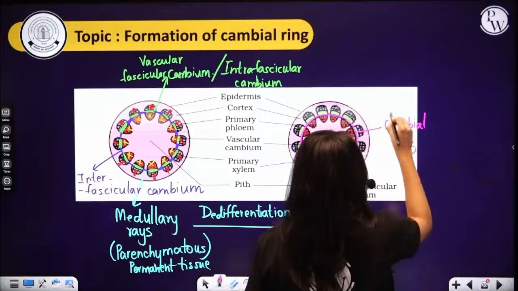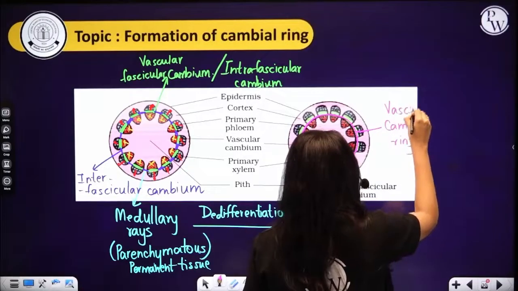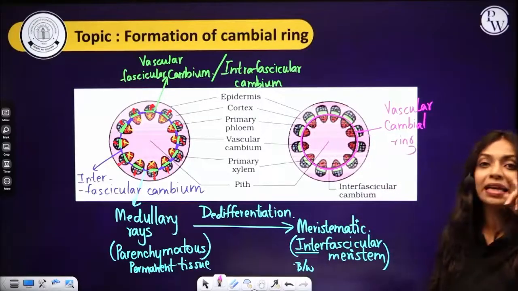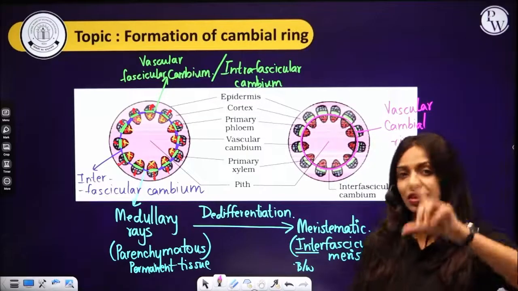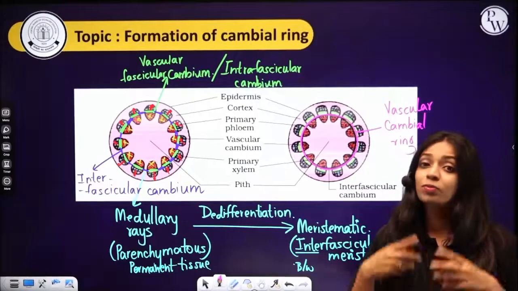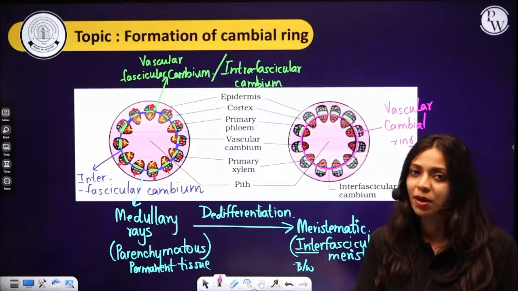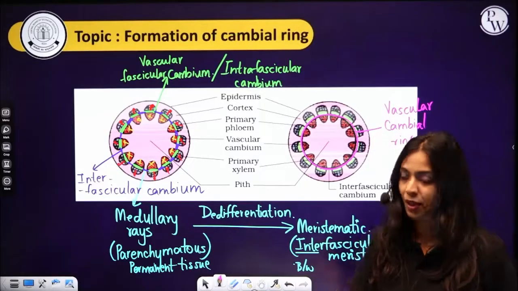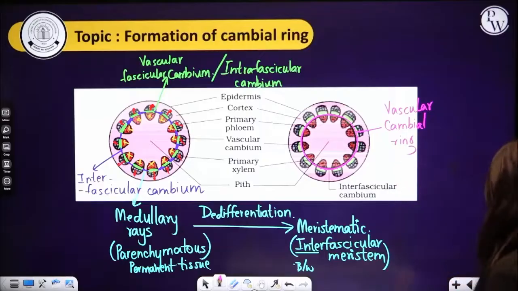To be more specific, let's call it the vascular cambial ring. Understood? Intrafascicular cambium present within the vascular bundles joins with the interfascicular cambium which is present in between the vascular bundles to form a continuous ring called vascular cambium. Okay, that is the formation of the cambial ring.